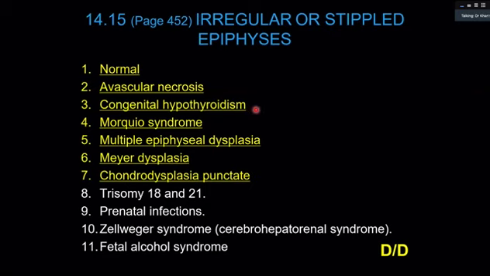And you should always remember Morquio's mucopolysaccharidosis, this is important. There is an entity we call multiple epiphyseal dysplasia, which the name tells you that the epiphyses will be abnormal. Meyer's dysplasia is the same thing, but this one only involves the femoral capital epiphysis.